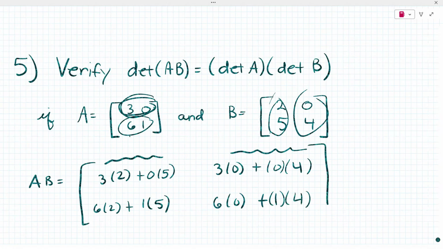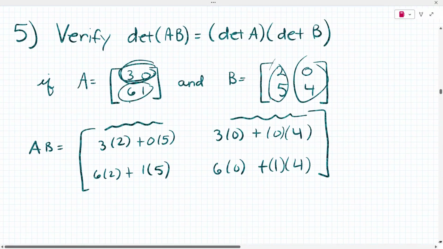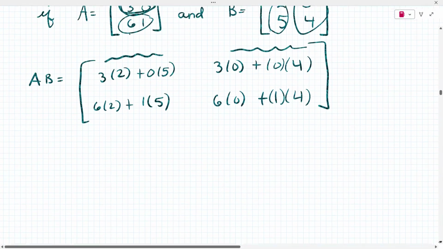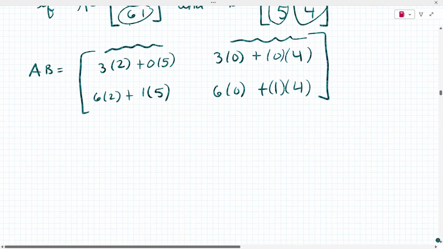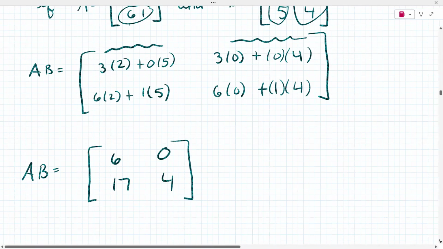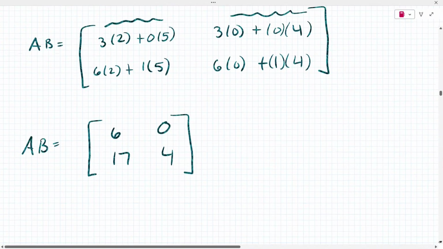Right? Okay, so when you clean that up, when you do the algebra, you're going to get AB equals 6, 17, 0, 4. Now let's find the determinant of AB, which is pretty easy now because it's a 2 by 2 matrix.